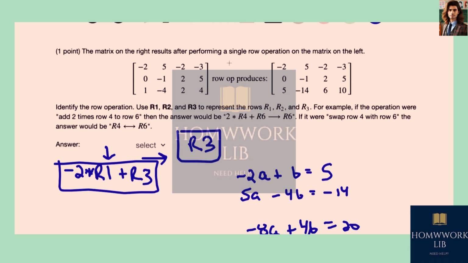It would be -2 times -2 is 4, plus 1 is 5. -2 times 5 is -10, plus -4 is -14. -2 times -2 is 4, plus 2 is 6. And -2 times -3 is 6, plus 4 is 10.